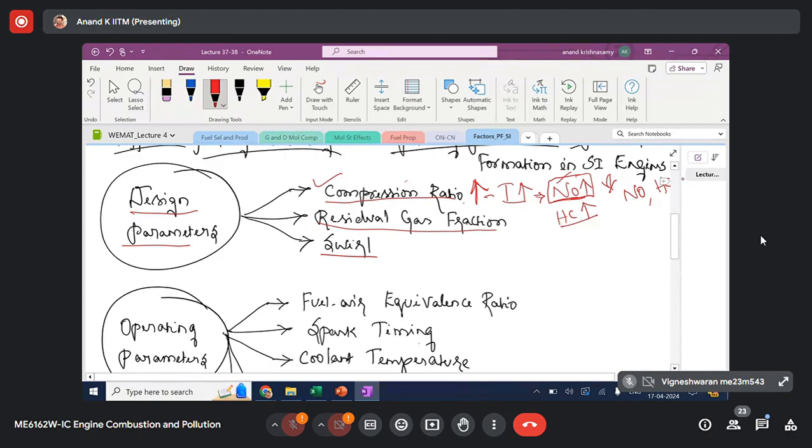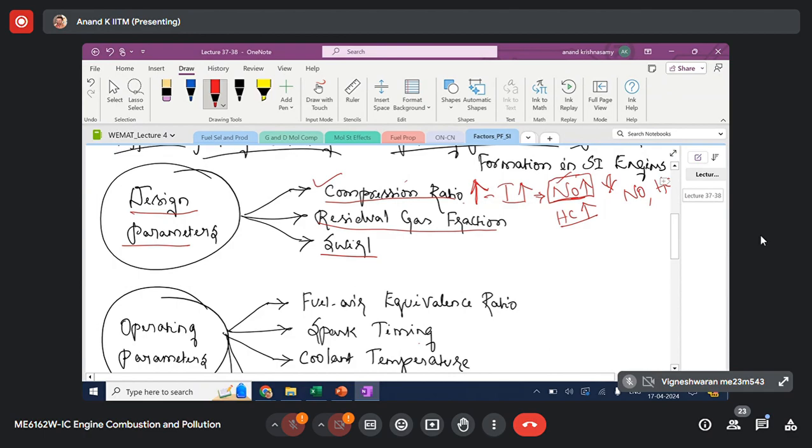You need to recollect that HC formation is highly sensitive to boundary layer fluid dynamics in terms of crevice flow, adsorption and desorption in lube oil, carbon deposits, and flame wall quenching and bulk quenching. You need to recollect that to understand the effect of compression ratio on HC formation. We say HC formation will increase with an increase in compression ratio, because the higher the compression, the higher will be the expansion ratio.